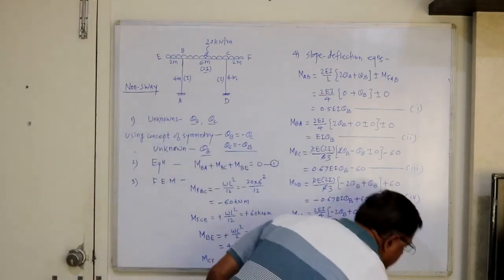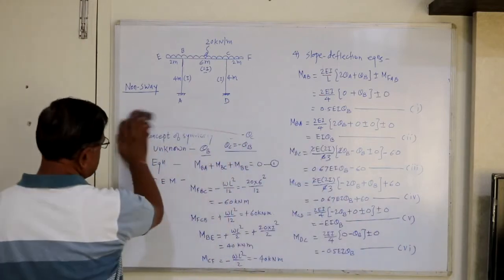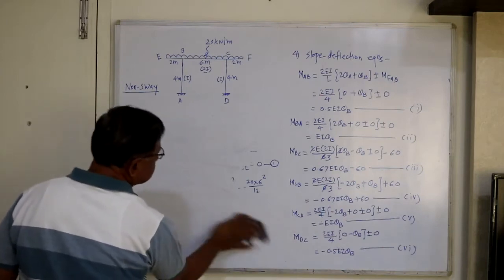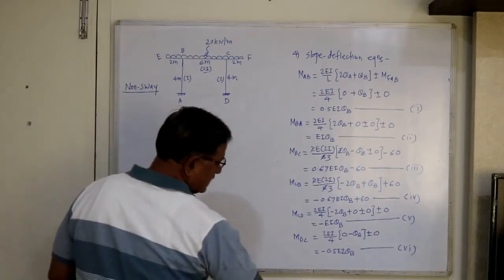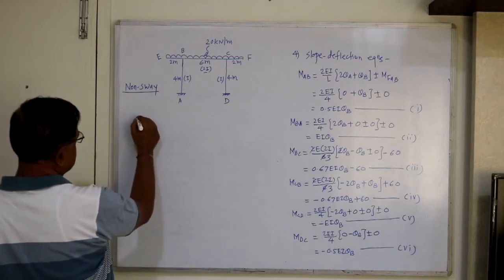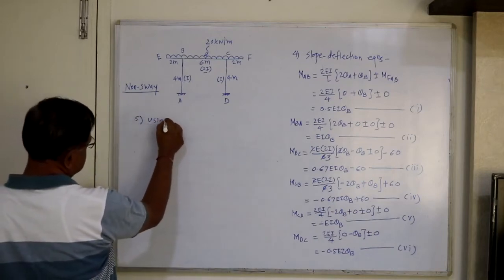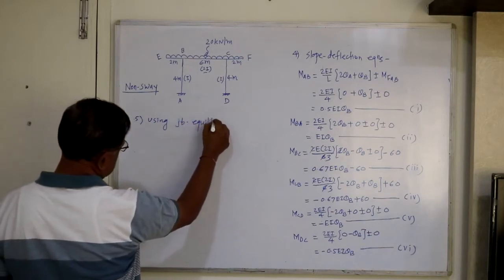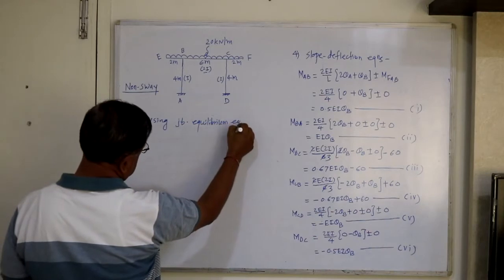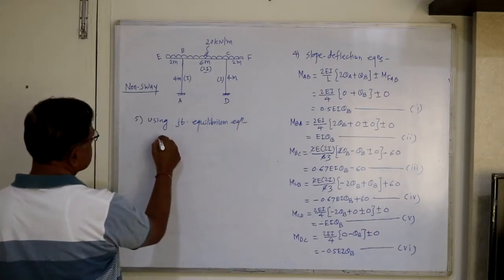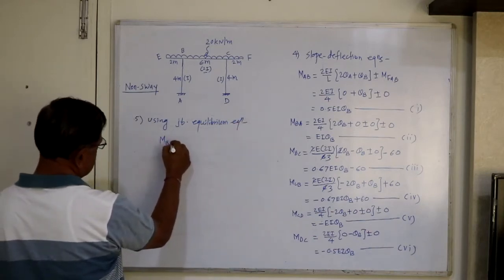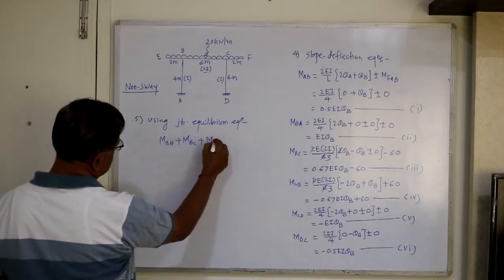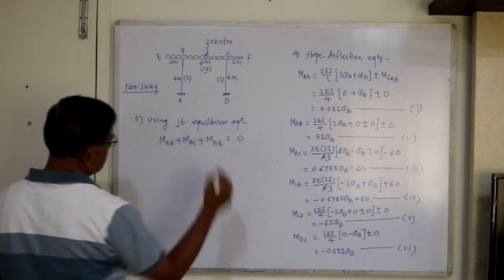Now using joint equilibrium equation, let's use joint equilibrium equation and find out theta B. Say next step, using joint equilibrium equation, that is MBA plus MBC plus MBE is equal to 0.